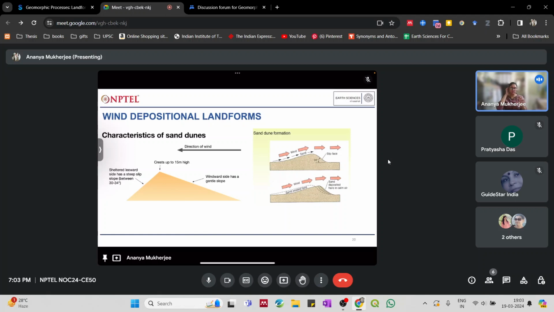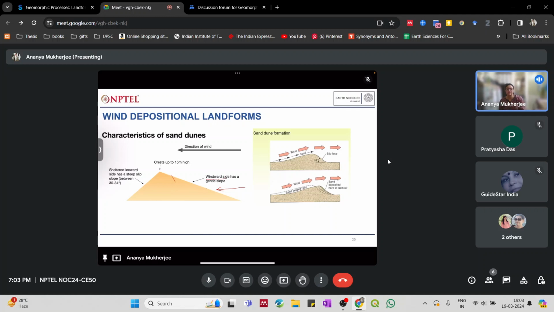Now we will see how the sand dunes are forming and what are the different geometric terms that are associated with it. So, the slope which is actually facing the wind, where the direction of the wind is striking the slope, is the windward slope.